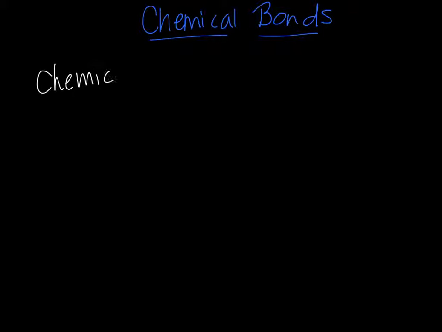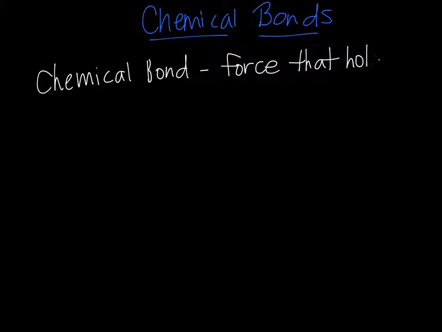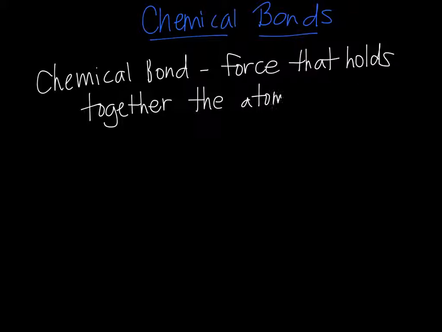In order to become chemically stable, atoms will make chemical bonds. So what is a chemical bond? A chemical bond is the force that holds together the atoms in a substance.